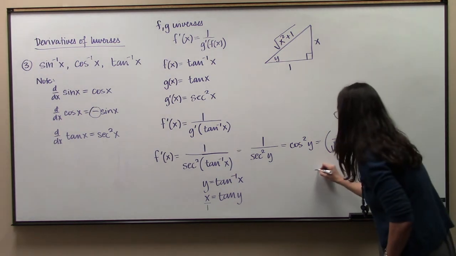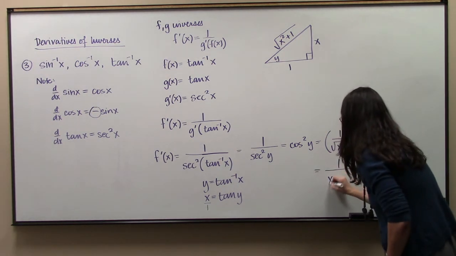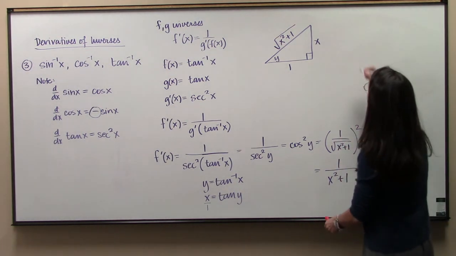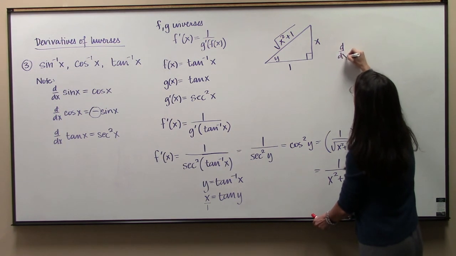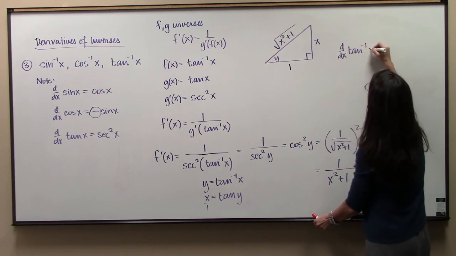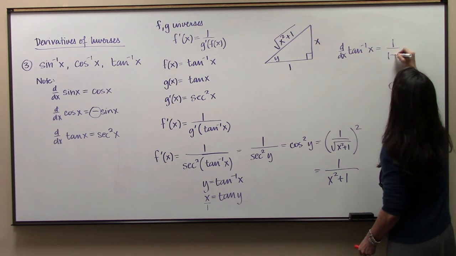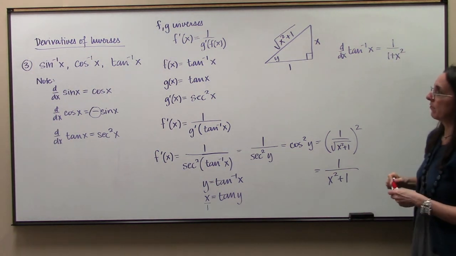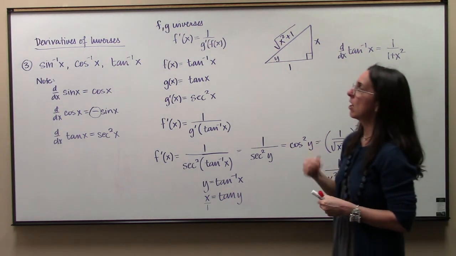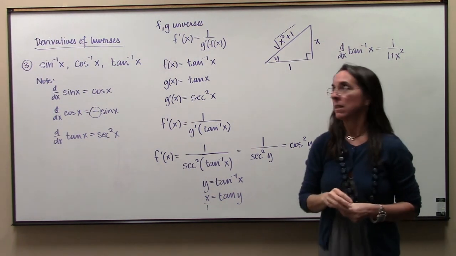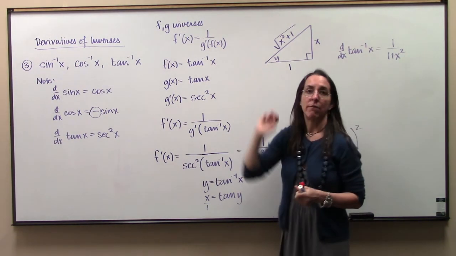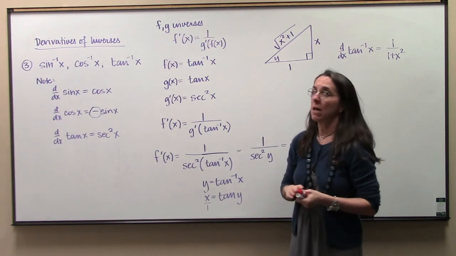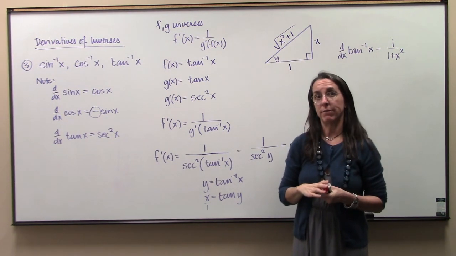And squaring it all up, we get the derivative of arctan. So there you have it. The derivatives of arc sine, arc cosine, and arctangent, all based on this formula that gives us the relationship between the derivatives of a couple of functions that are inverses of each other.